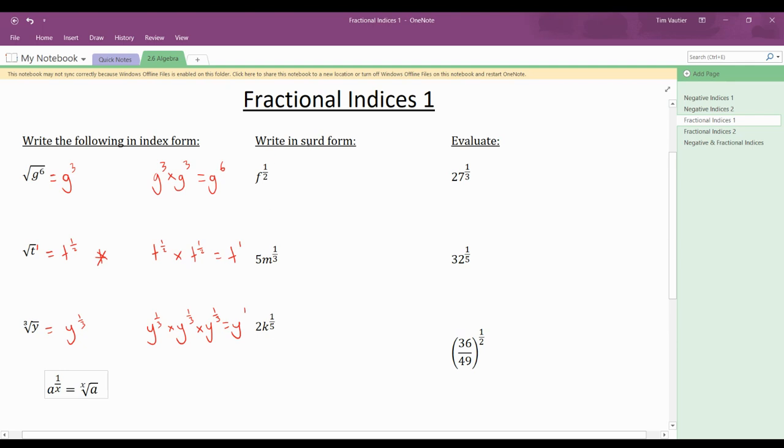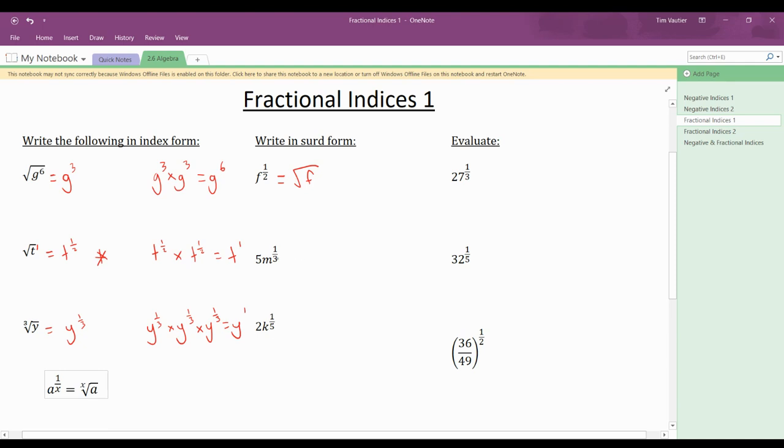So surd form is basically putting it as a square root, cube root, or whatever kind of root it is. So f to the power of 1/2, hopefully we remember anything to the power of 1/2 is just the same as having a square root of it. And I could write a little 2 there in the front if I wanted to match what was going on here. But since square rooting, we know that if there's no number there, it's just a square root.